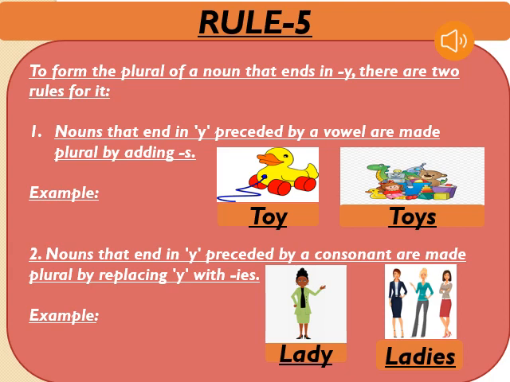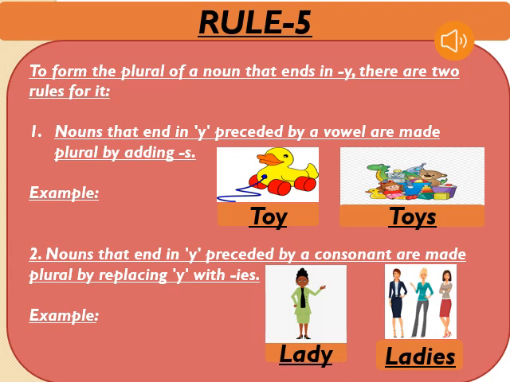Here lady is a singular form, means one lady, and ladies is the plural form, means more than one lady. And for making it into its plural form, we have replaced y with ies, because before y there was a consonant d.